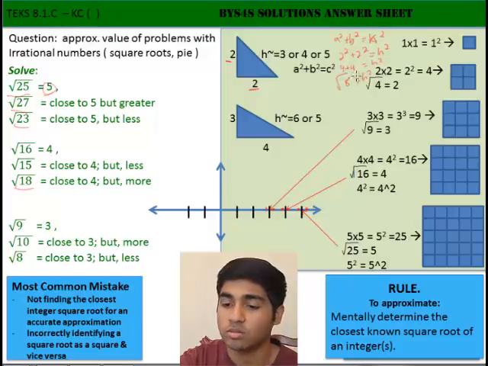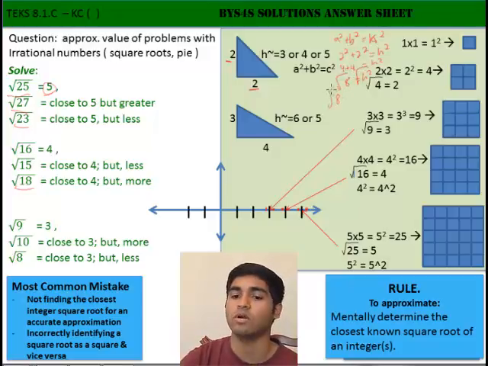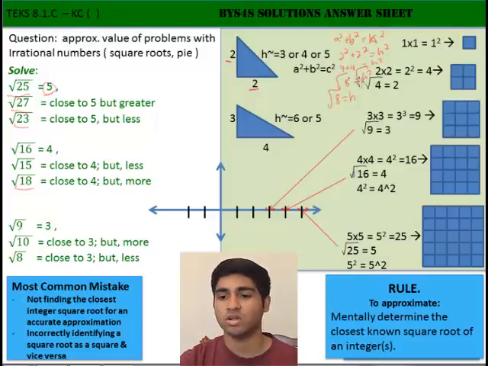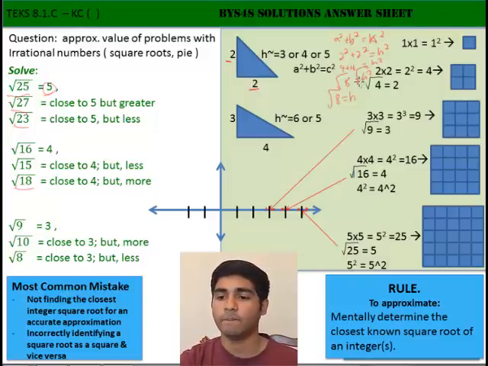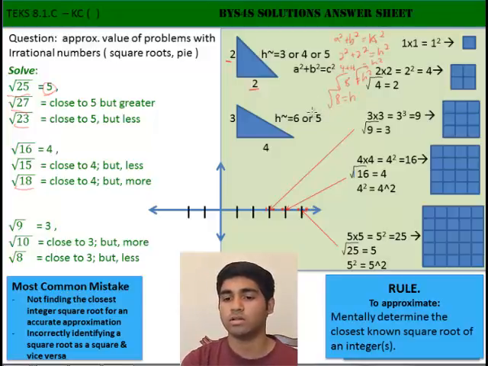So to approximate the square root of 8, which equals h, you look at the closest perfect squares, the lowest perfect square and the highest perfect square next to 8.